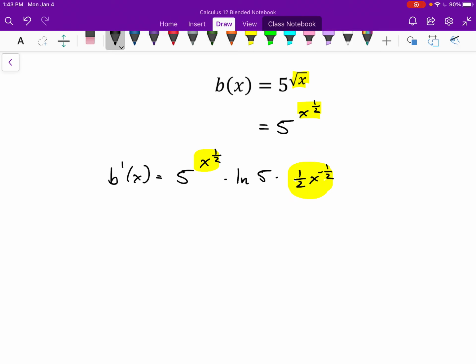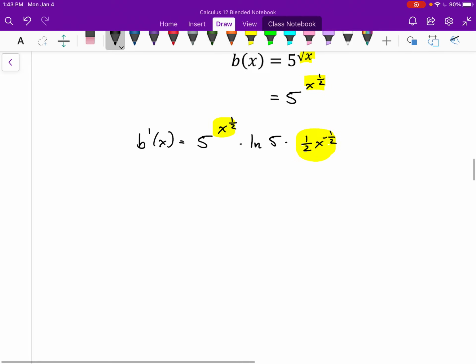Again, this is fine, but there are a few things I can do to clean this up. For example, I have negative exponents, so I'm going to write this without negative exponents. There's nothing wrong with negative exponents, but if I know what the negative exponent means, I might as well show that I know what it means. So in the end, I'm going to write this as the ln of 5 times 5 to the, I'll go back to root x for the numerator, and in the denominator I have 2 times root x.